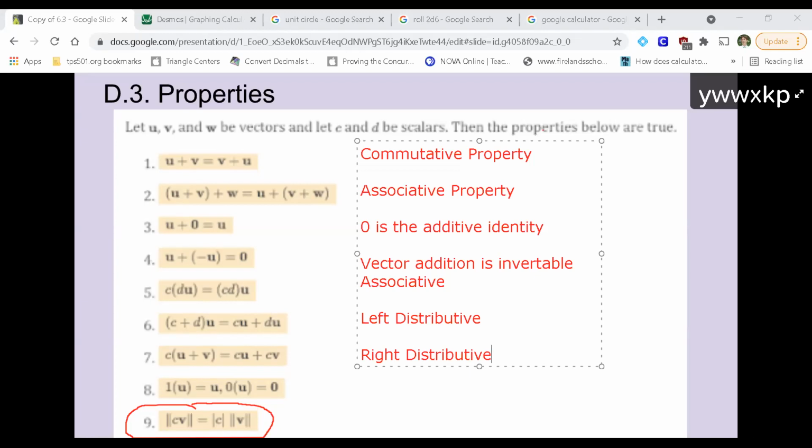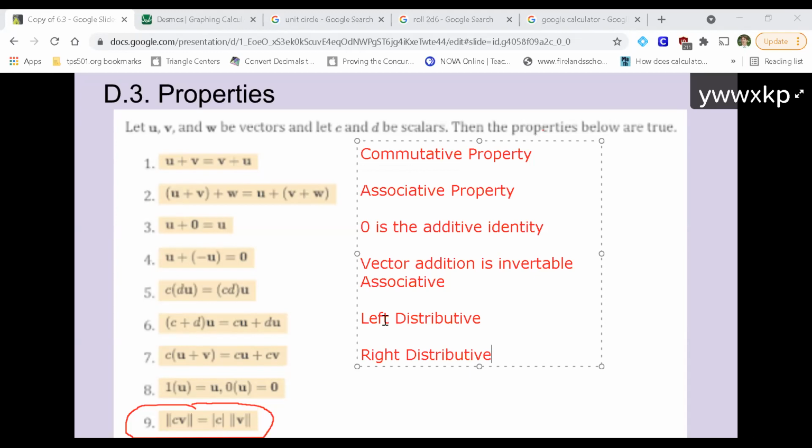Do you remember matrices where order mattered, right? And when you distributed, you had to make sure it was still on the left or the right. So there's left distribution and right distribution. Same thing with scalar multiplication.